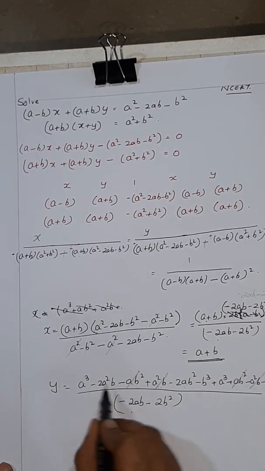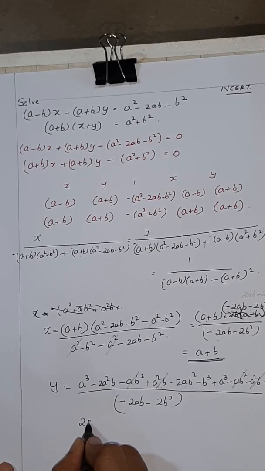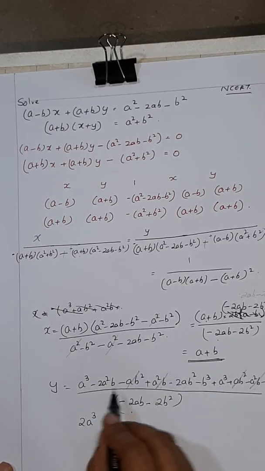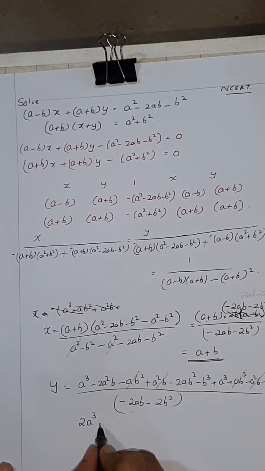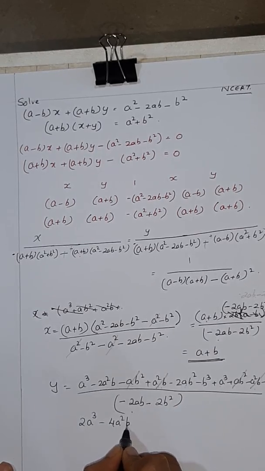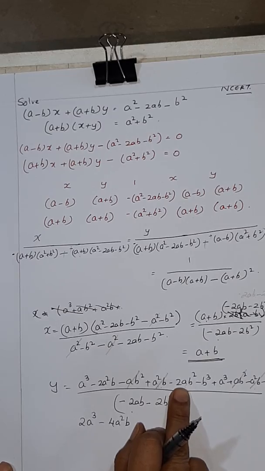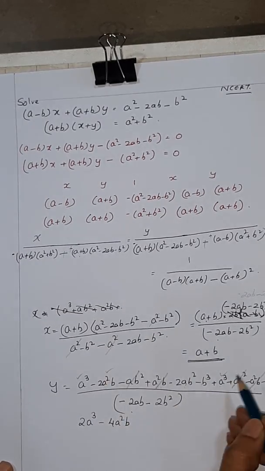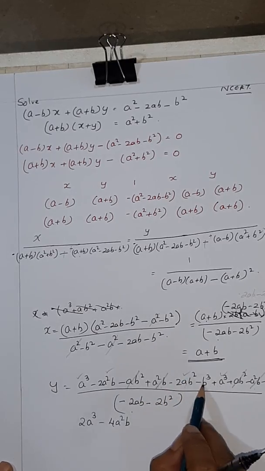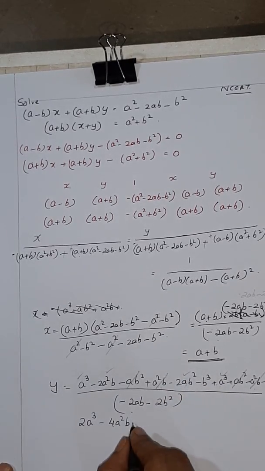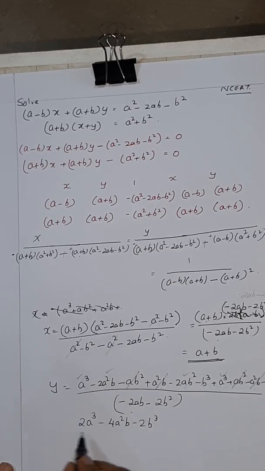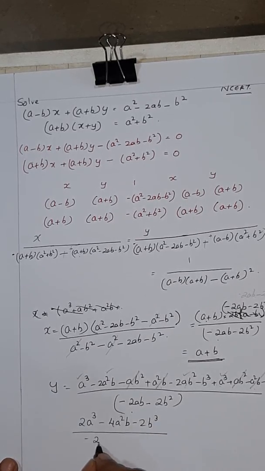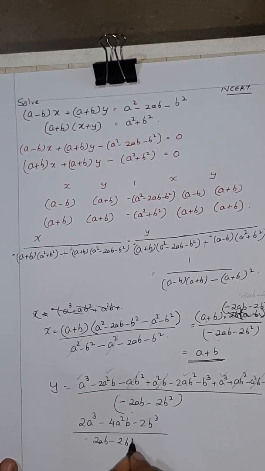So you are left with 2a cube, then 2a squared b, so minus 4a squared b. So a cube and this is over, and this is minus 2b cube by 2ab minus 2b squared.